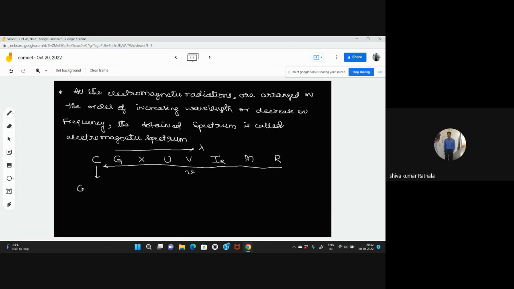C represents cosmic rays. G represents gamma rays. X represents X rays. U represents ultraviolet rays. V represents the visible region.